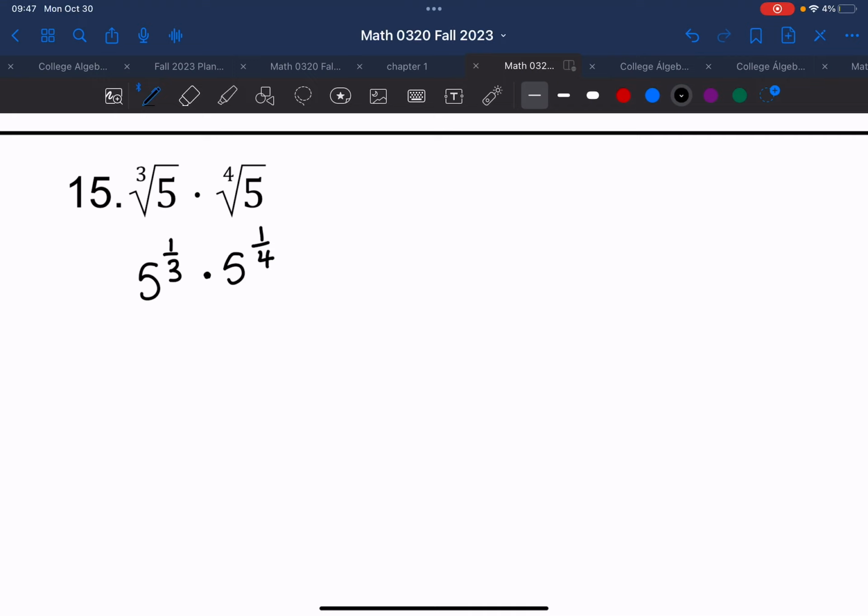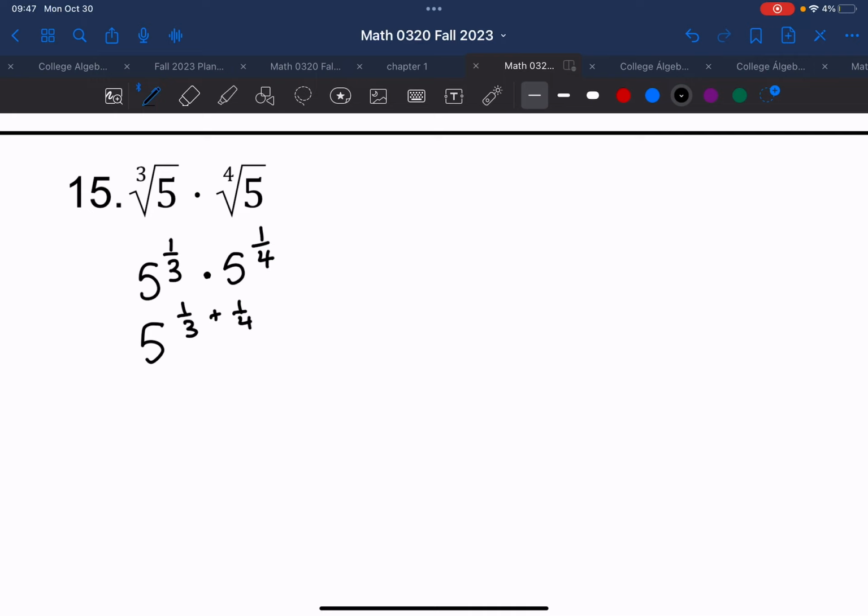Okay. We know that the properties of exponents say that if our bases are the same, which they are, they're both 5, and we're multiplying, what can we do to the exponents? Add them. So this is the same as saying 5 to the 1/3 plus 1/4.